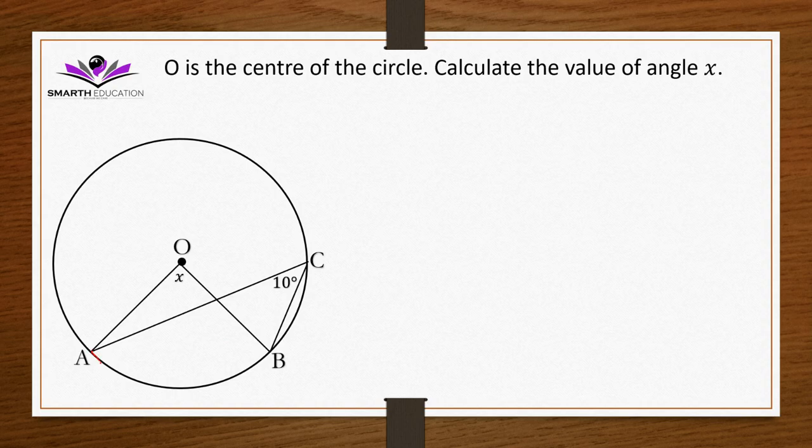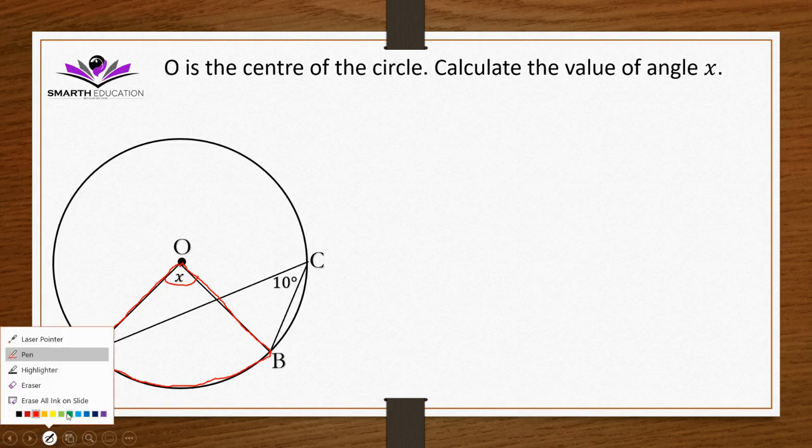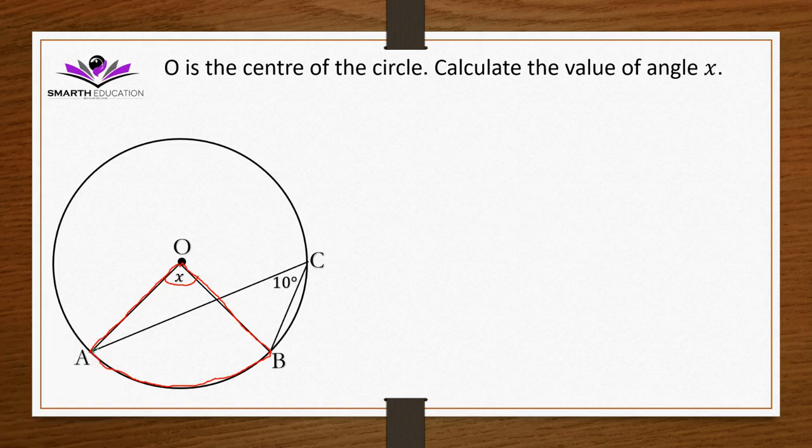This is arc AB, right? You see that AB? And then the angle is subtended where? At the center, which is x. And then there's an angle subtended where? At the circumference. Let me use a different color. Right, a different color. So we have this one here.